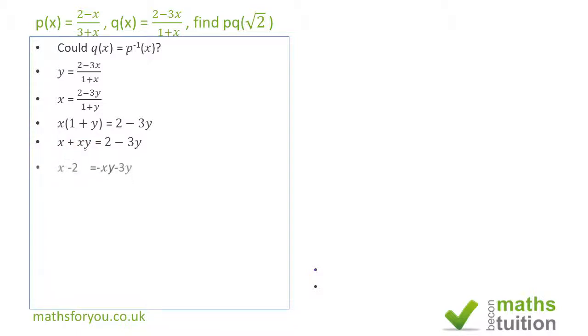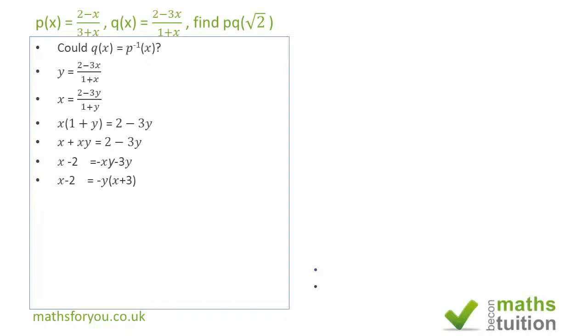So we end up with x minus 2 is equal to minus xy minus 3y. If we then factorize the right hand expression, we have that x minus 2 is equal to minus y into x plus 3.